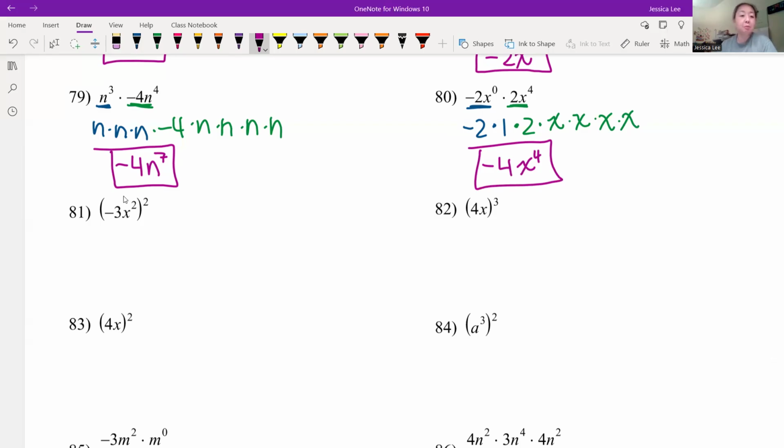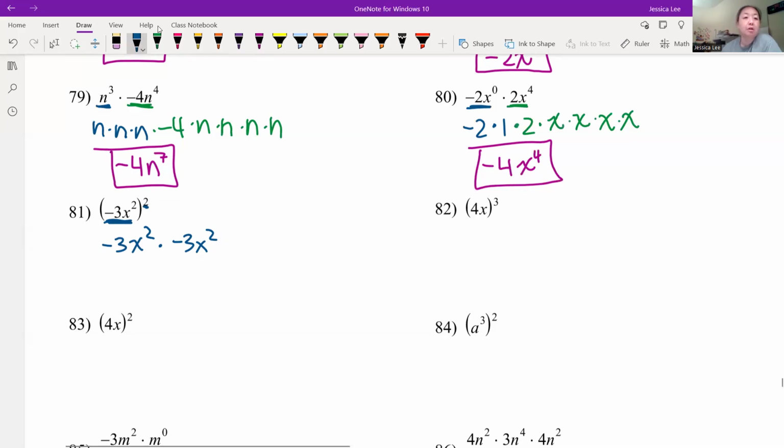81, same idea, same concept. Whatever is inside these parentheses, we have 2 of them, right? So I'm going to just rewrite that. With this 2, we're going to have -3x squared times -3x squared. Why is it 2 times? Because of this little 2 right here. Now, this looks literally like 79, right?